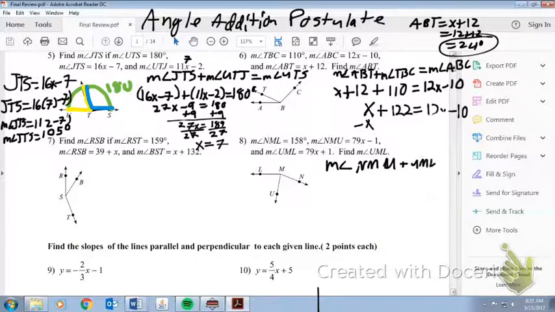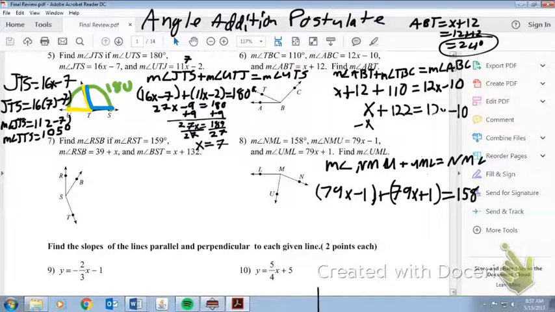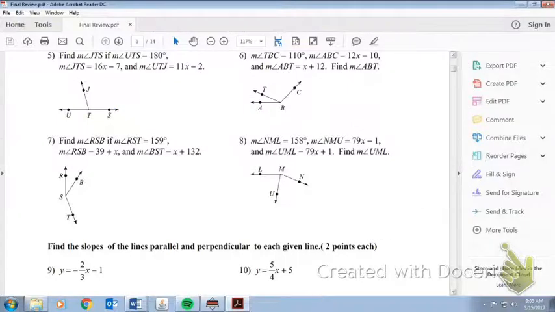Okay, so NMU, we're given 79x minus 1. UML, we're given 79x plus 1. And NML, we're given 158. Use our algebra there, and we get x equals 1.